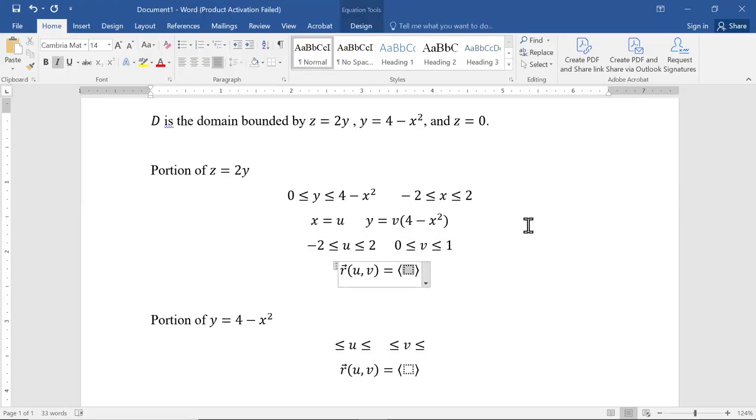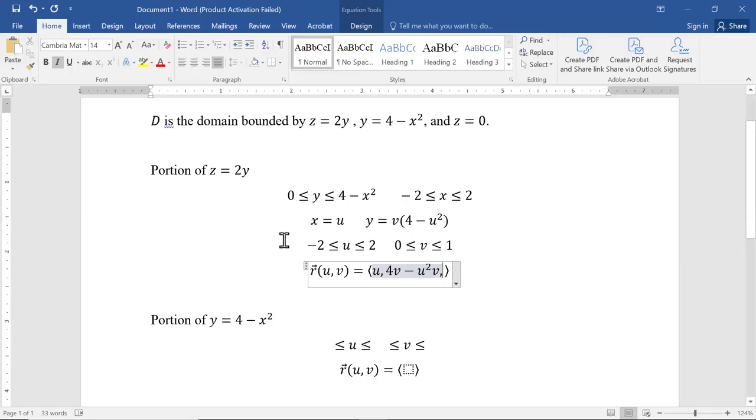My x component is going to be u. My y component, now remember, x is equal to u, so I can replace this x with a u. My y component is going to be 4v minus u squared times v.